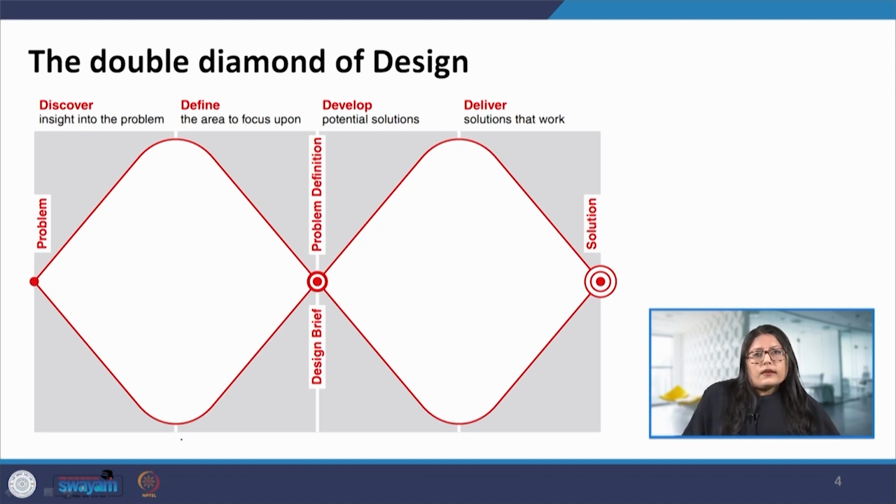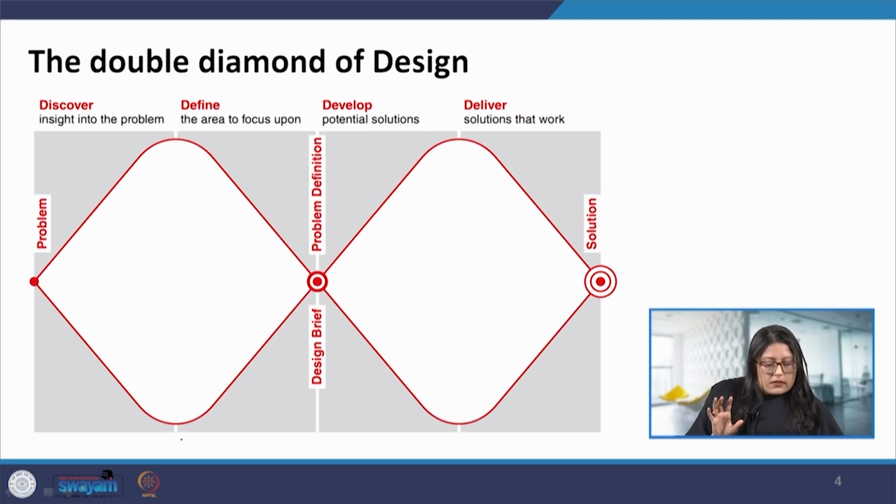So, the diamond on the left which has discover and define on top, that is the problem space, and on the right the develop and deliver is the solution space. So, as we can see, the one individual diamond is starting from a point and then it is diverging. So, the first stage or the first step here is the divergence.